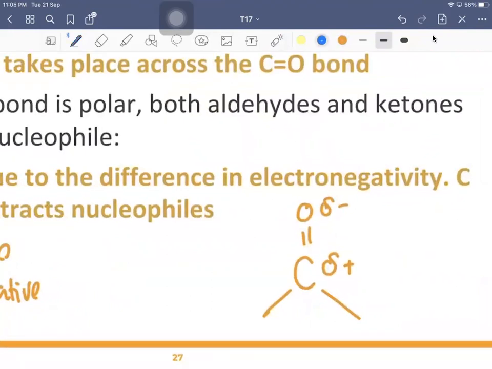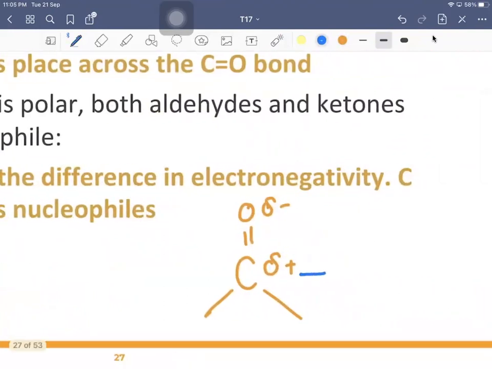It's because the slightly positive carbon attracts nucleophile. Okay, remember, nucleophile is a species that can donate its lone pair. Sometimes nucleophile is neutral, sometimes nucleophile is charged, negatively charged.